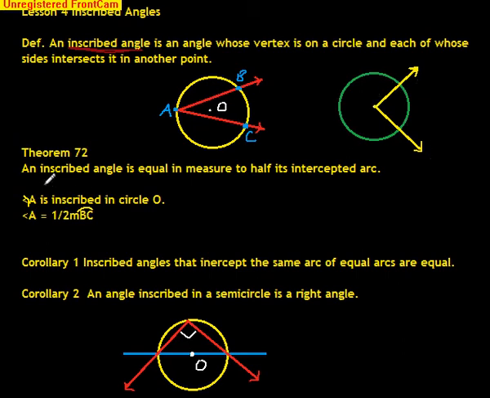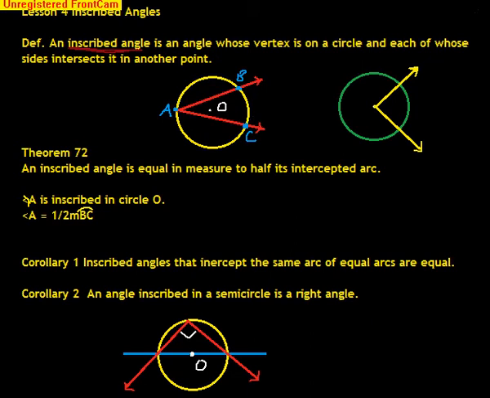Theorem 72 says an inscribed angle is equal in measure to half its intersected arc. So here we have, I can't even read what I wrote there. Angle A is inscribed in circle O. Angle A is half of the measure of this arc.